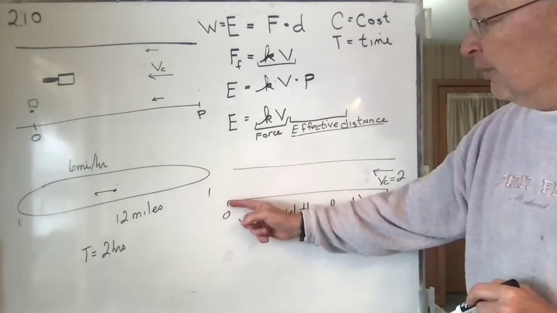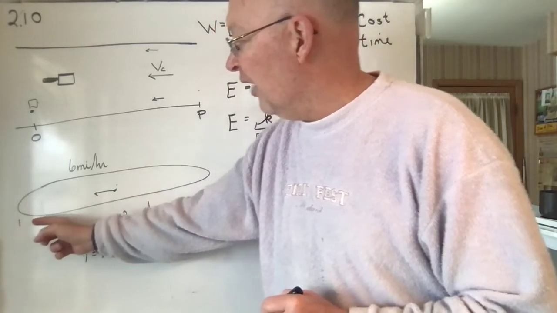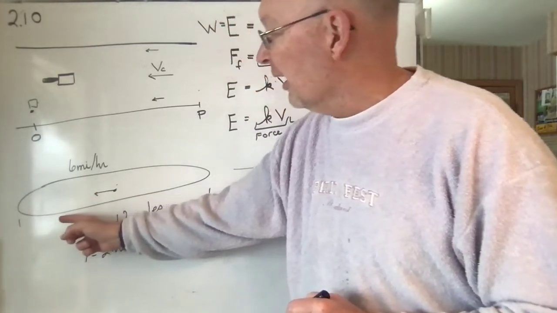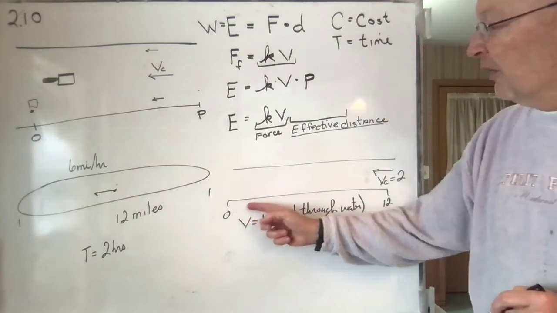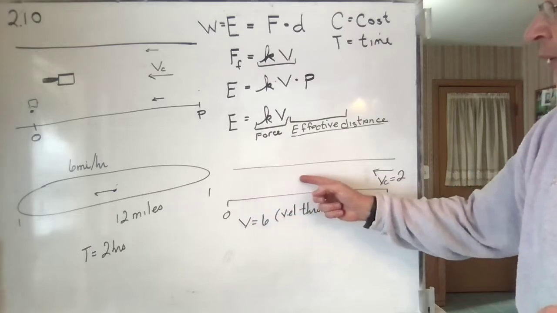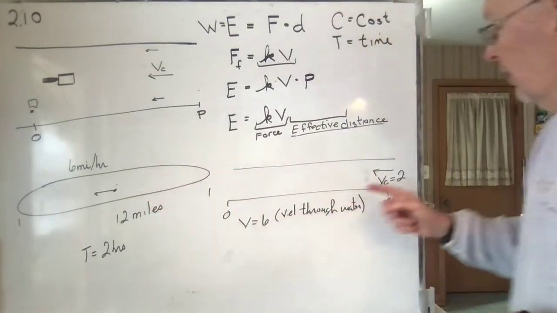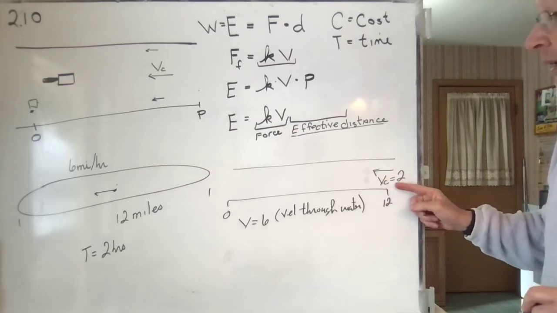In other words, if someone here on this shore of this lake were to follow you, they would have to jog at 6 miles an hour in order to follow you. Here, if someone was following you, how fast would they have to jog? You're going 6 miles an hour through the water, same as you were here, but the current is coming backwards at 2 miles an hour, right?